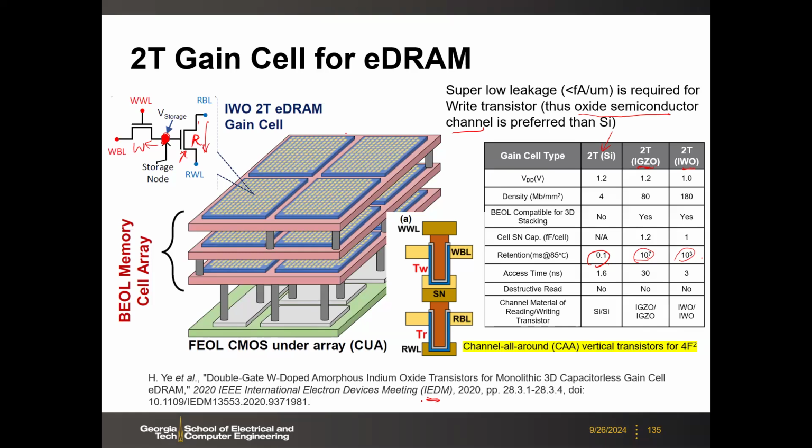So there's also a proposal to stack, because right now if you do those two transistors side by side, you still need to spend footprint on two transistors. There is a proposal to do this vertical channel transistor, so you can have those two transistors stacked vertically. Those two transistors, one read, one write.